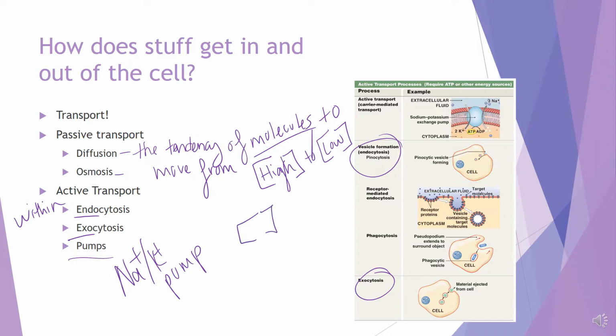And when I make brackets, that means concentration. So diffusion is the tendency of molecules to move from areas of high concentration to low concentration. And let's look more in depth at that. And we'll come back to osmosis.